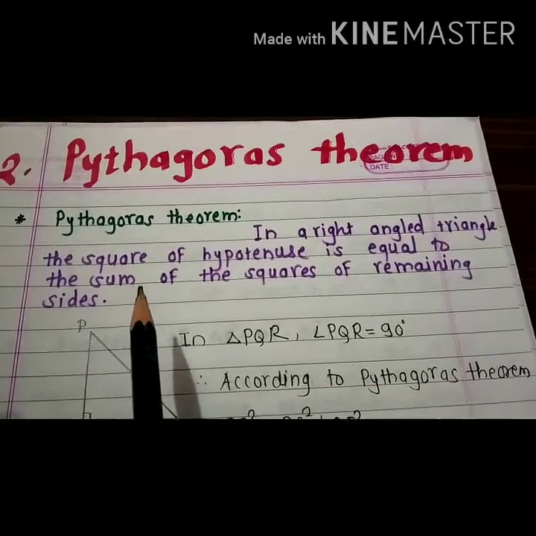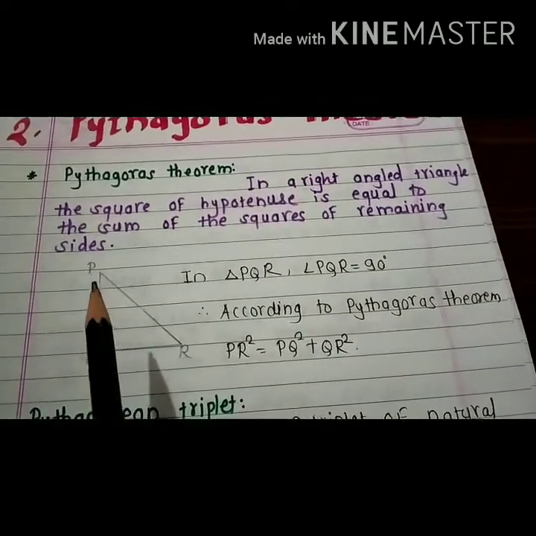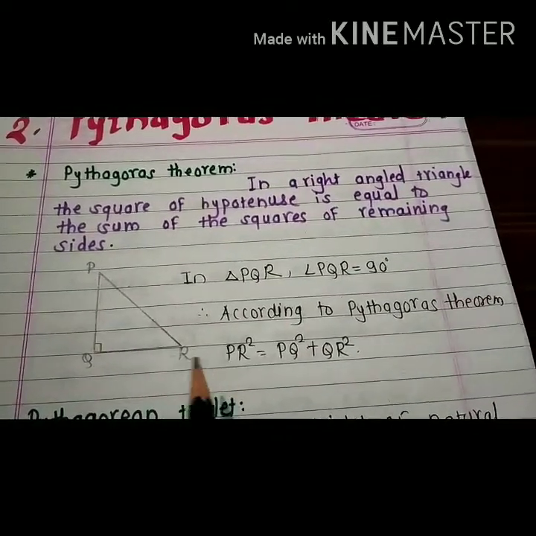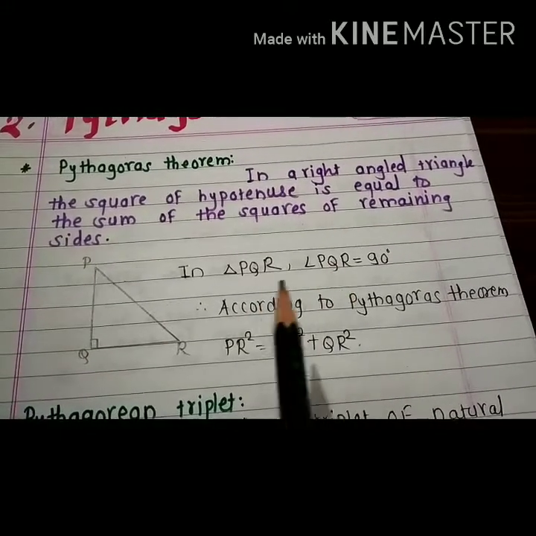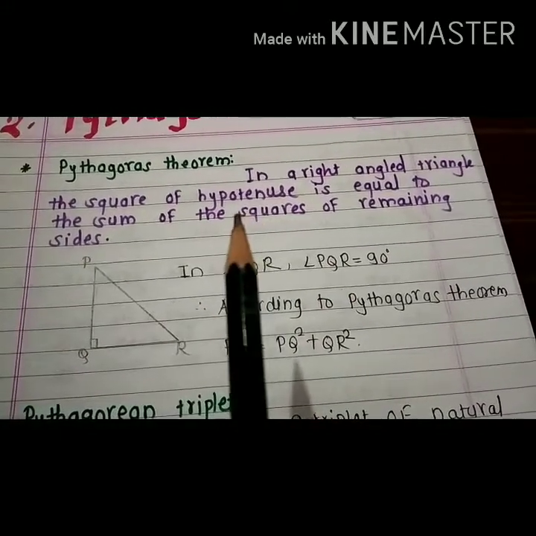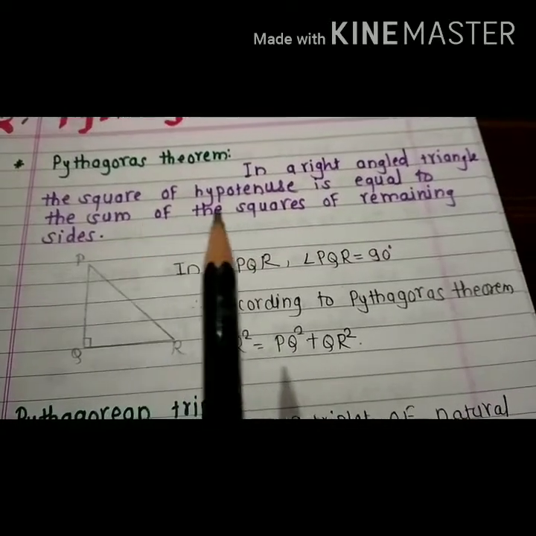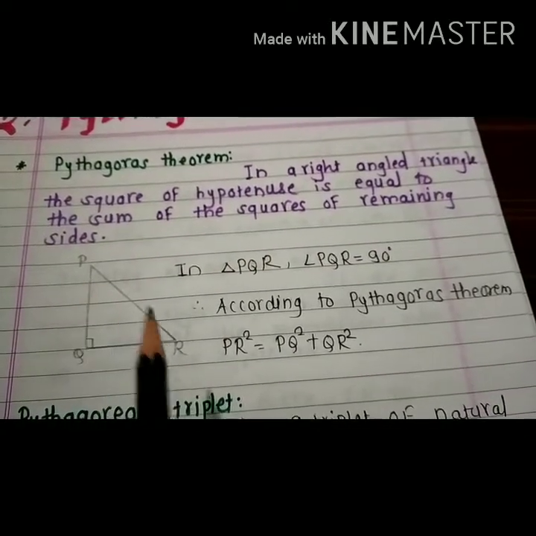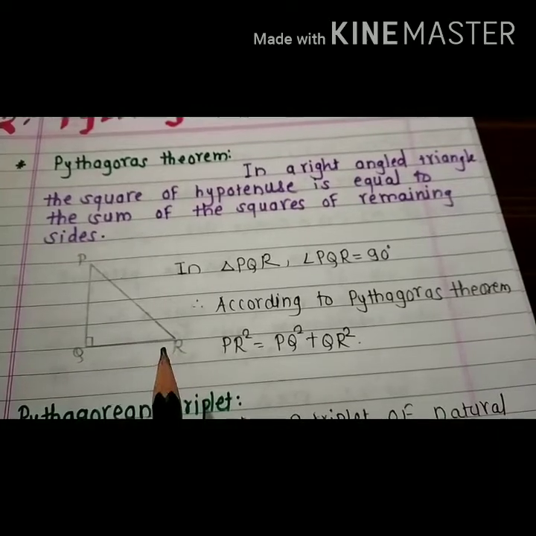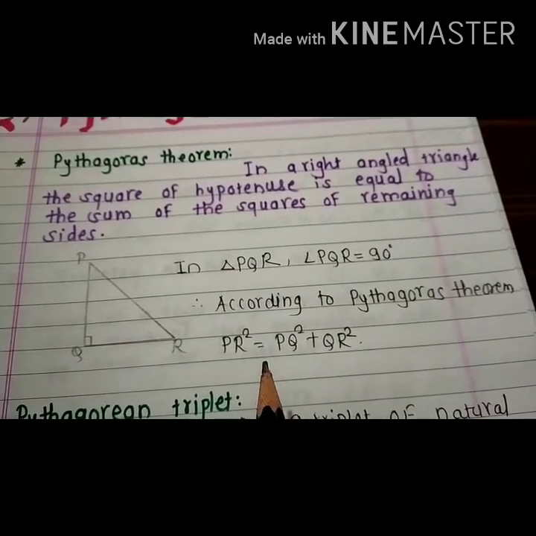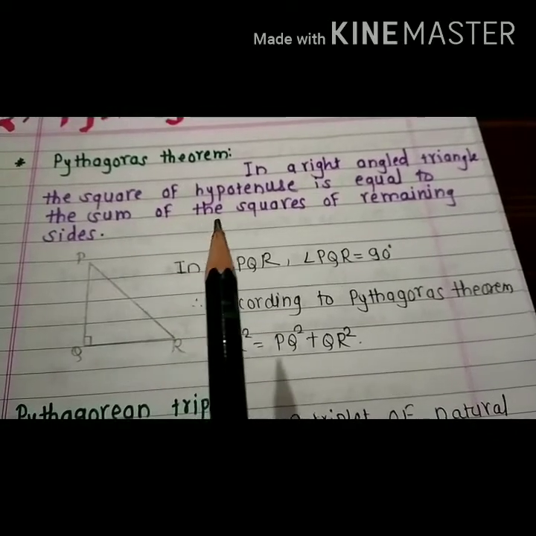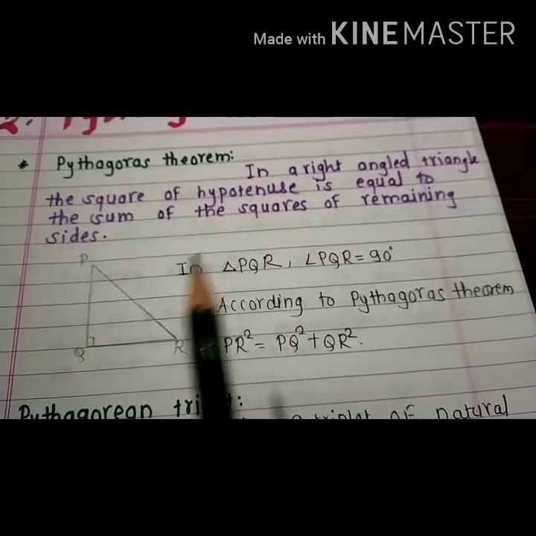If we draw a diagram in triangle PQR, angle PQR is equal to 90 degrees. According to Pythagoras theorem, the square of hypotenuse, which is PR here, PR square, is equal to the sum of the squares of the remaining sides.